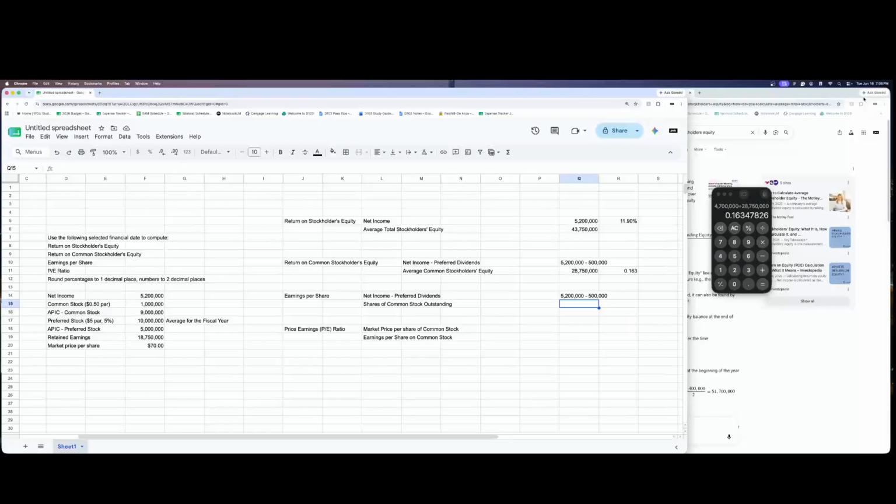So if this stock was issued at 50 cents par for each share, it means that 1 million divided by 0.5, so there are 2 million common stock shares.